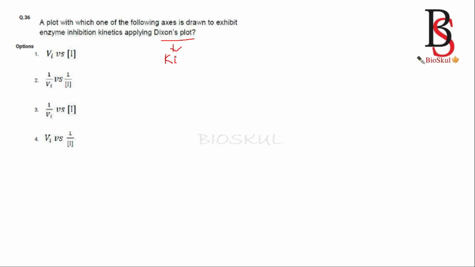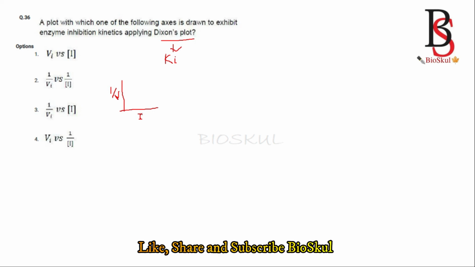In this plot, the reciprocal of velocity. Okay, Dixon plot is the plotting of 1 by V against the concentration of inhibitor, at each concentration of substrate.